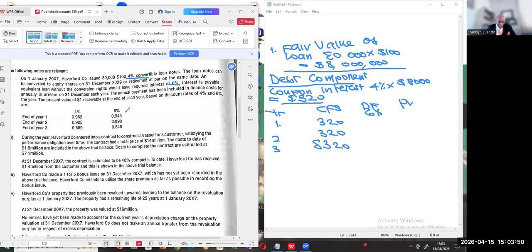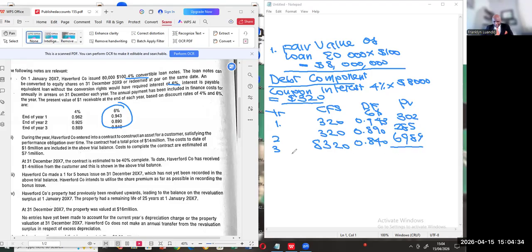The discount rates to use are these, which is the effective interest. So there we have 0.943, 0.890, 0.840. Present value, when you multiply, this will be 302, this will be 285 when you round off, this will be 6,989.